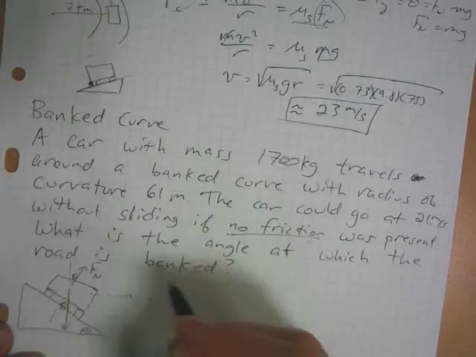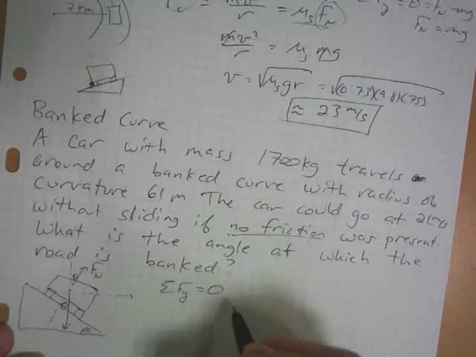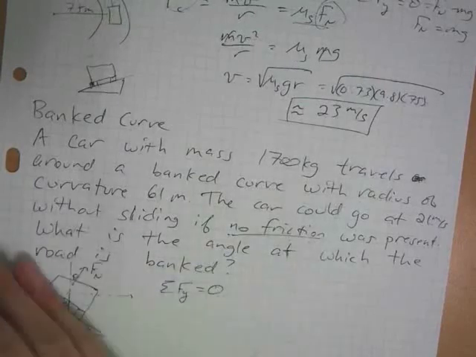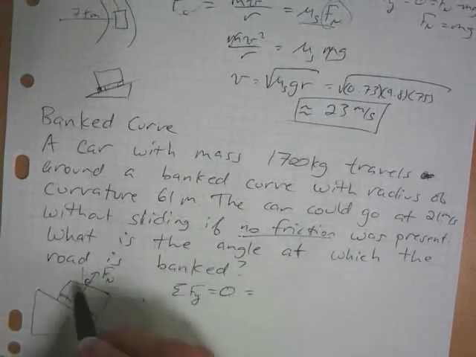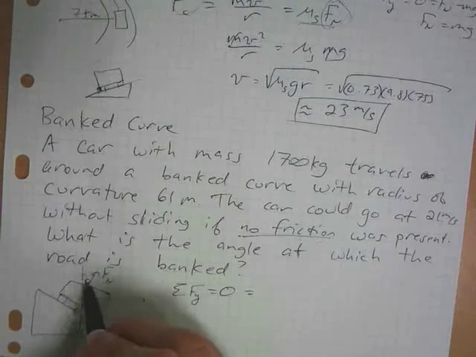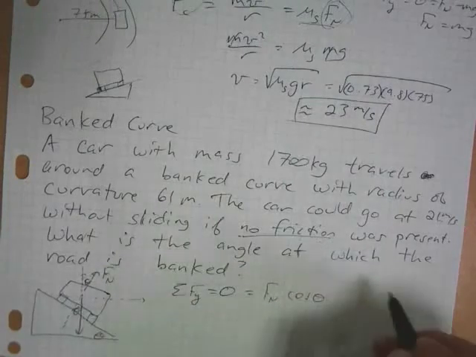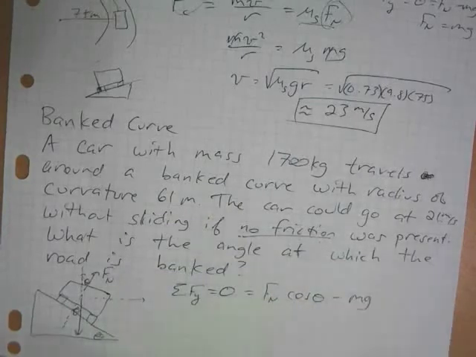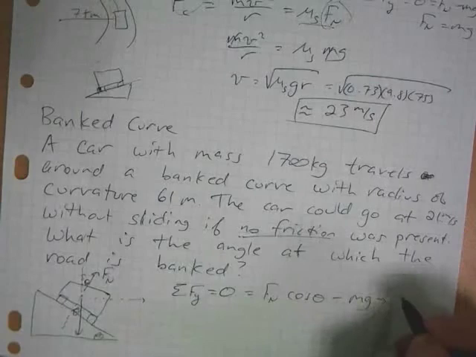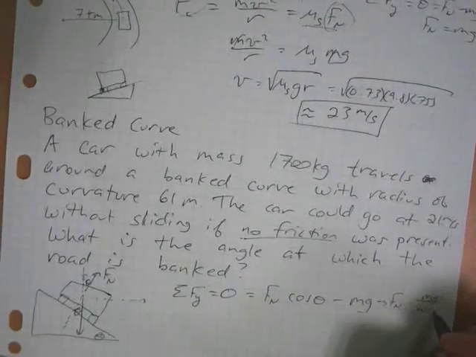So in the vertical direction, we have zero net force because we want the car to not slide up or down the slope. We have the component of the normal force adjacent to the angle, so that's normal force cosine theta going upward, and then gravitational force going downward, which tells us that the normal force is equal to mg over cosine theta.